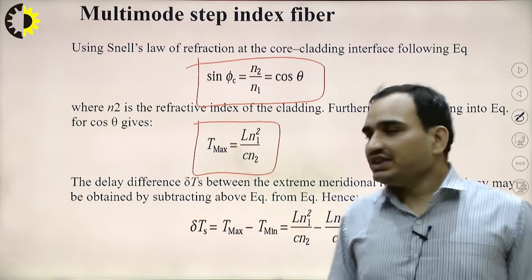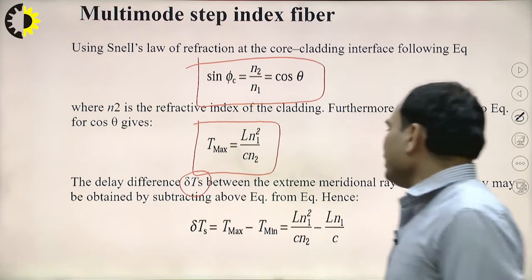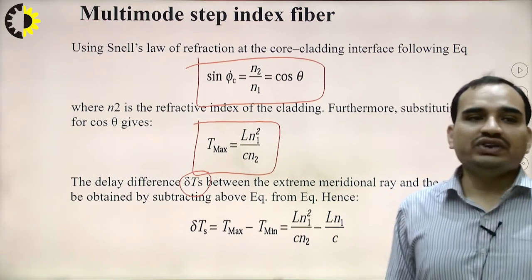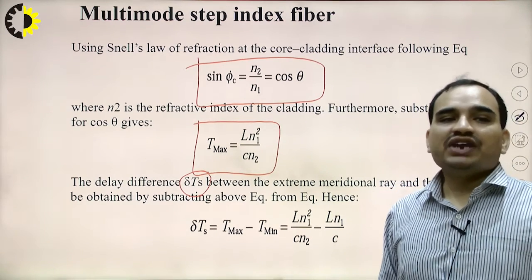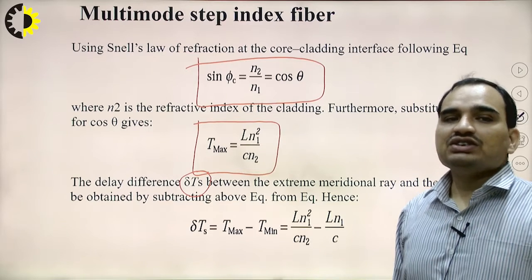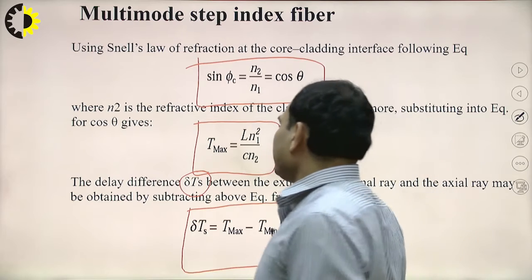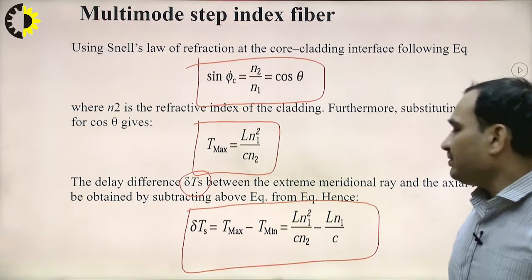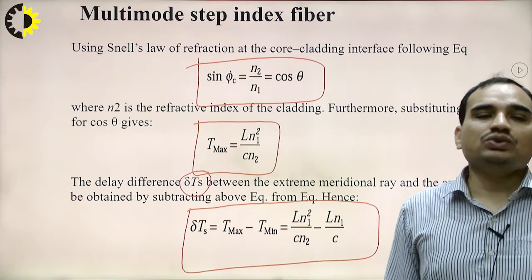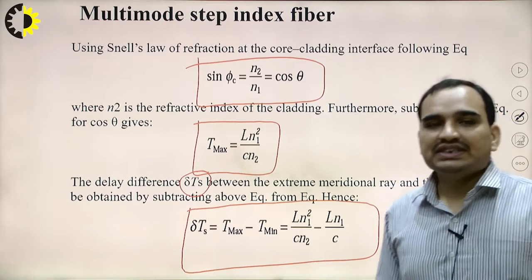The delay difference, delta Ts, between the extreme meridional ray and the axial ray may be obtained by subtracting the equations. So delta Ts is maximum time minus minimum time, which gives L n1 squared by c n2 minus L n1 by c.